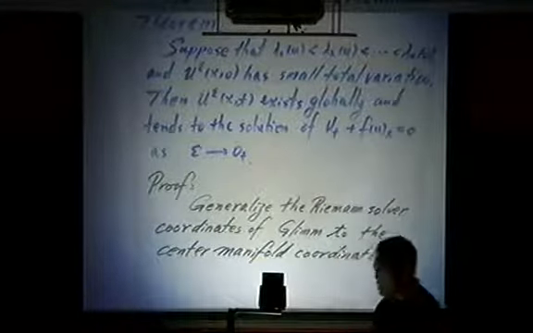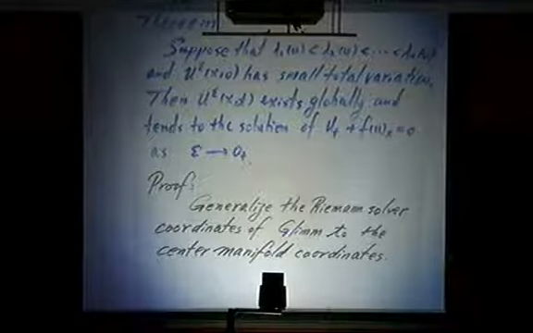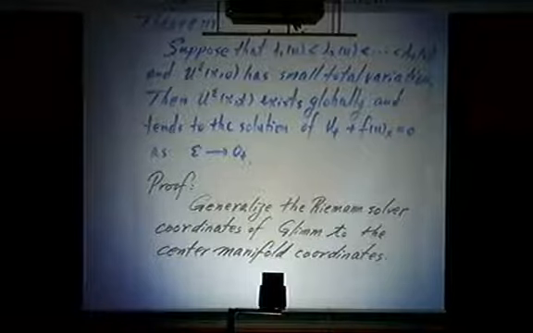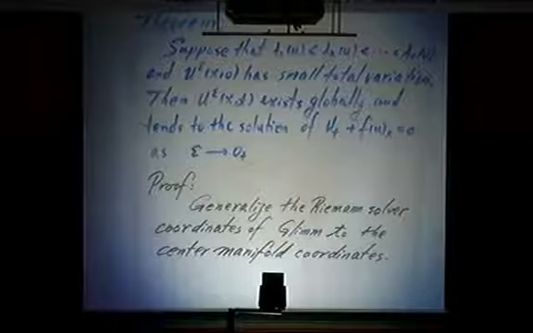So the proof of this theorem is to generalize the Riemann solver that was used by Glimm. Glimm approximated the solution by Riemann solutions, or in other words, he measured the strength of the wave by the Riemann elementary wave.